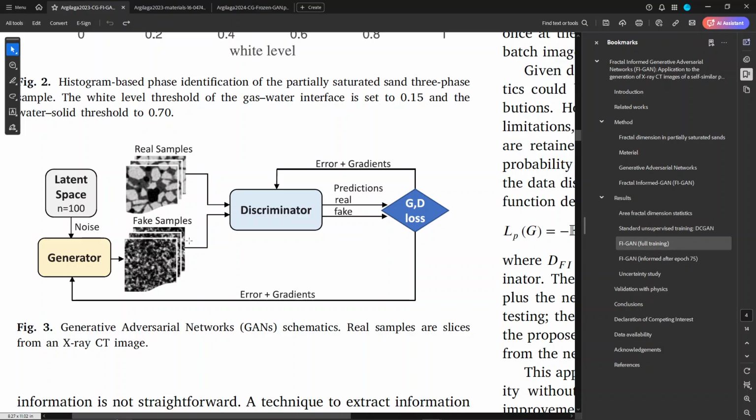Why would we like to generate synthetic images, if not to cheat or to do something illegal? Well, because getting these images is expensive in the sense that running a CT image machine requires time and money.